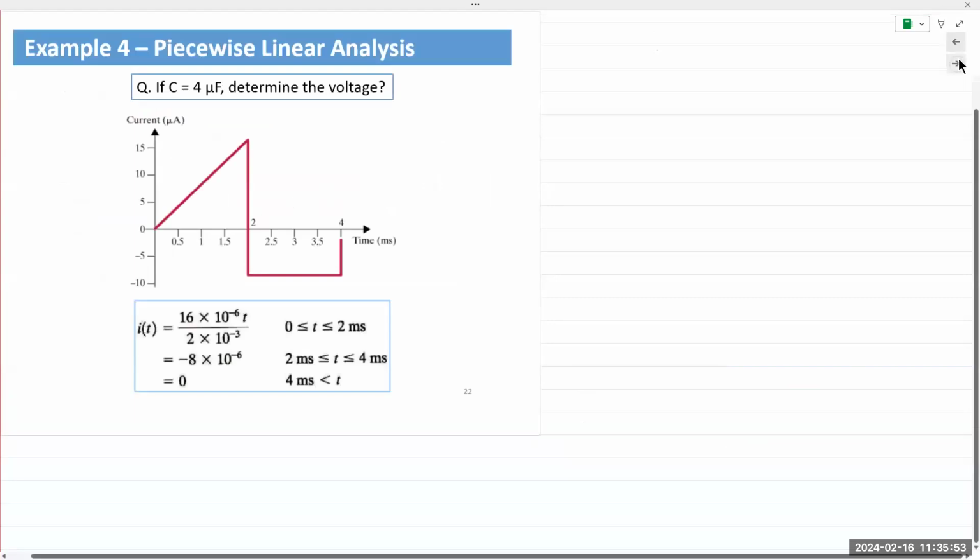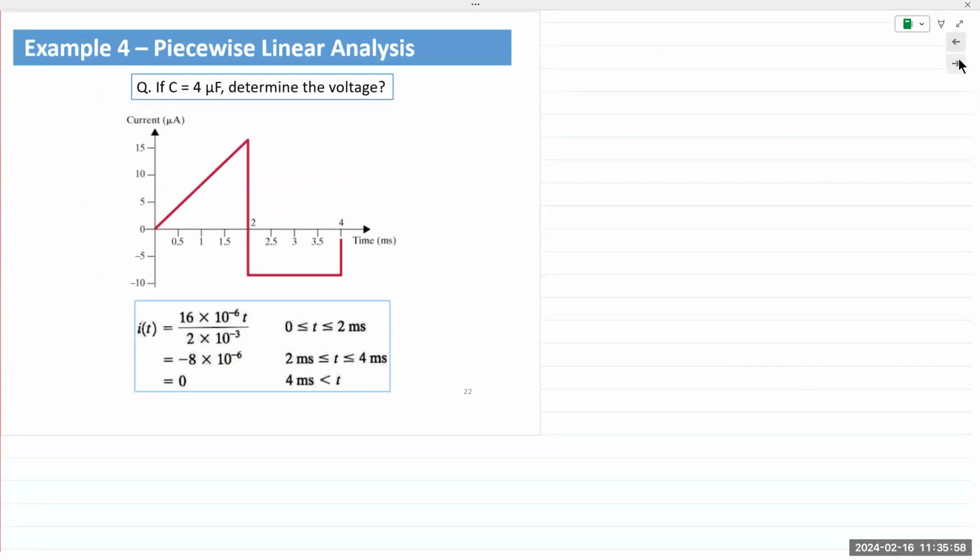Then let's look at an example where you're given the current and you're asked to find the voltage. Now it's the flip side, so we'd have to integrate. Quick point: if this was for an inductor, instead of performing an integration, we would perform a derivative. Here we would find the slope of the line for the inductor and simply find di over dt.